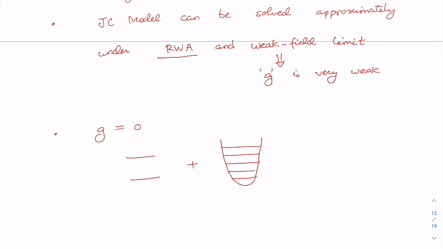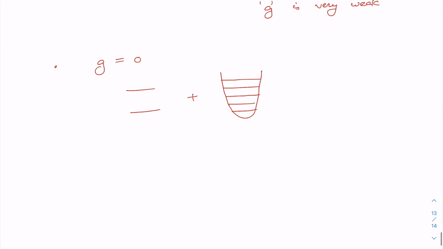So now let us draw the energy level diagram for the combined atom field system.